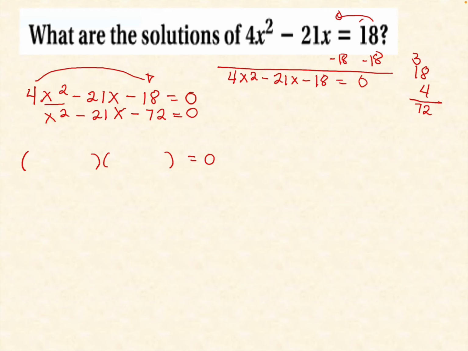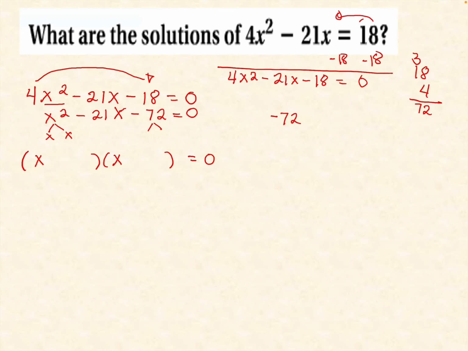And then after that, follow the same procedure. Factor the first term, x squared. The factors are x and x. So you have x here, and here is also x. And then factor the last term, negative 72.